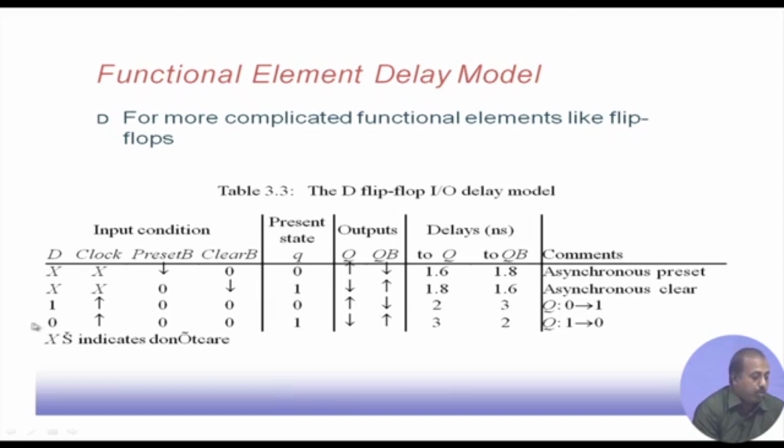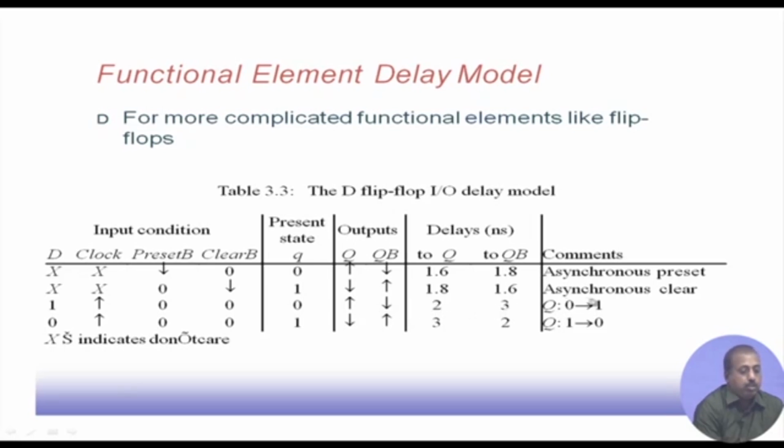Whereas for a normal operation, when the D line is 1 and there is a clock signal going up, the clock edge comes, then if the present bit is 0, it takes 2 nanosecond for the Q output to change from 0 to 1, and 3 nanosecond for Q bar.